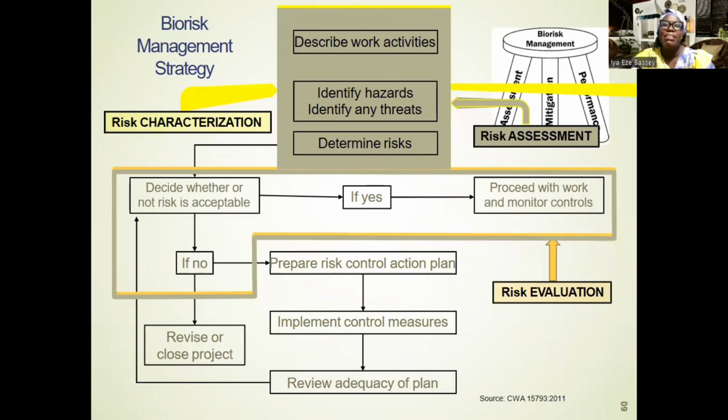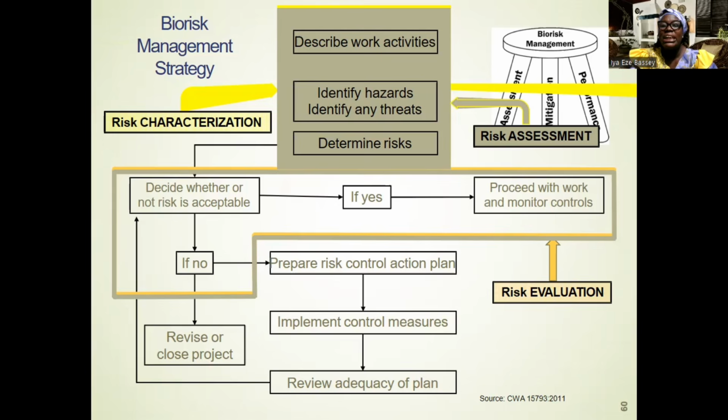So, having said that, we'll remember that describing work activities, identifying hazards, identifying threats, and determining the risk is what makes up the risk characterization part of the risk assessment.